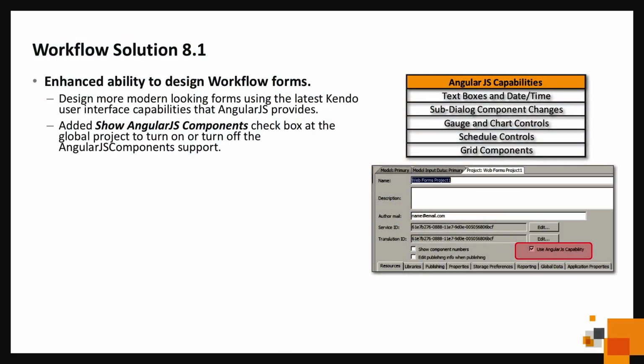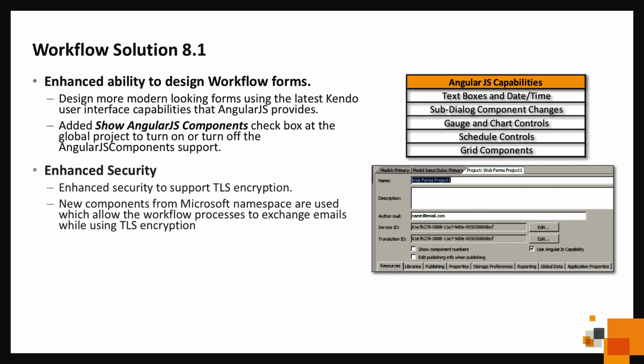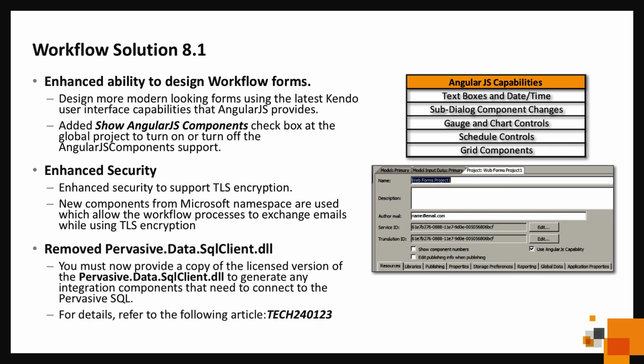Okay, we've added this option in the actual project itself. It's just a checkbox. Okay, so this you just choose Show AngularJS Components. Some enhanced security behind it, so it'll support TLS encryption. Okay, we also removed the Pervasive SQL components.